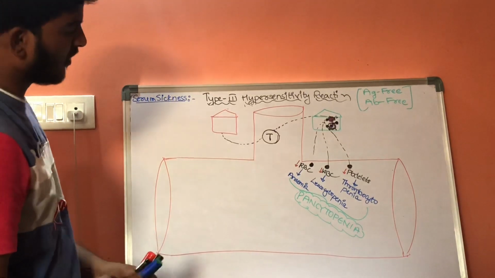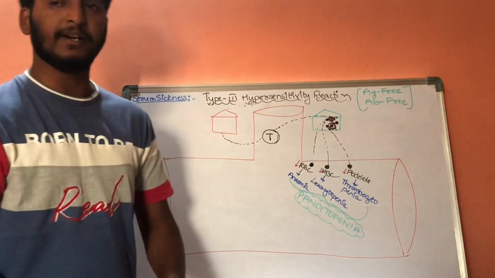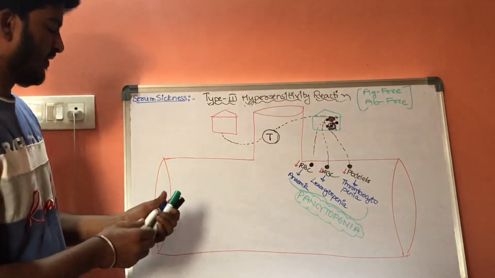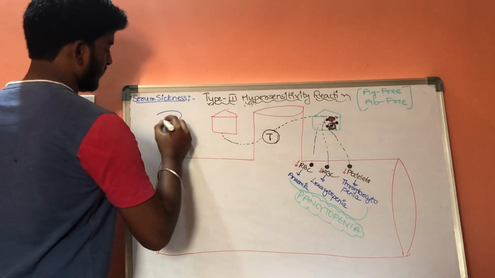Now, in order to decrease this pancytopenia, anemia or leukocytopenia, let us consider an animal like this. Let us consider this is a horse.